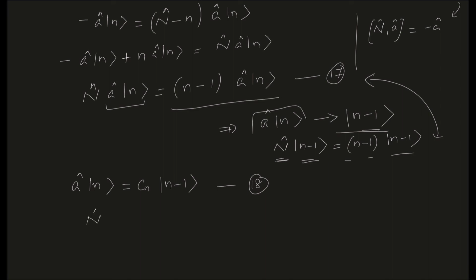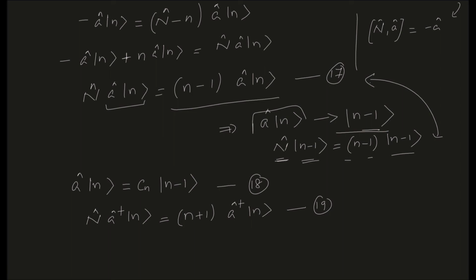And in a similar fashion, similar to equation 17, you can show that N a dagger |n> is equal to, on the right-hand side you will get (n plus 1) instead of n minus 1, since these are raising operators, (n plus 1) a dagger |n>.